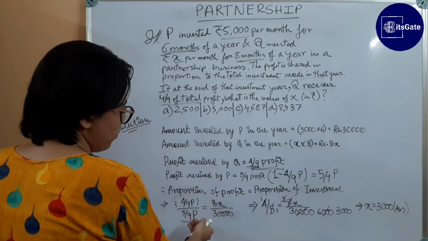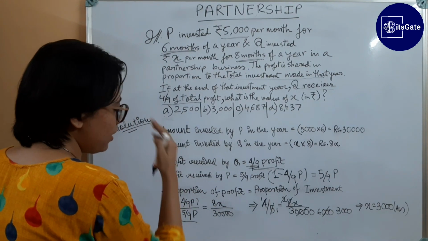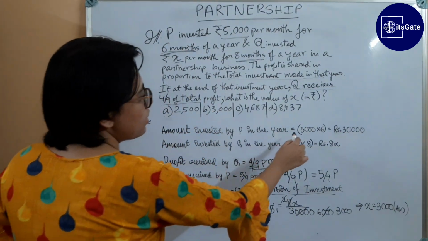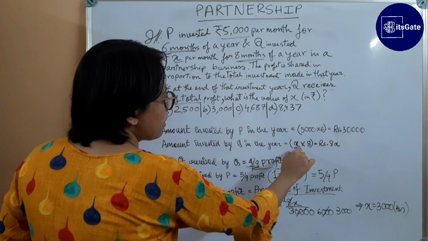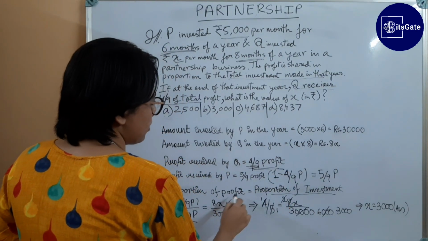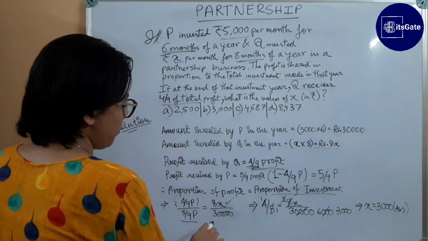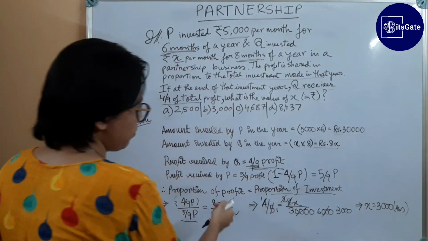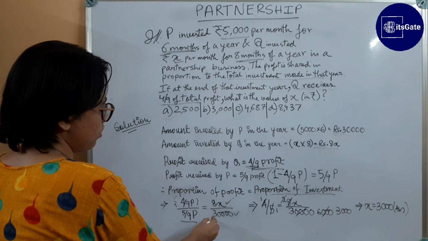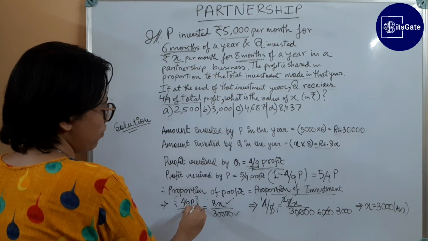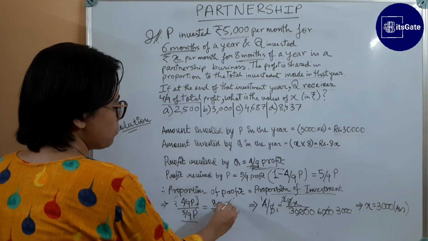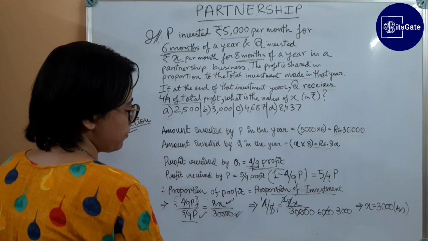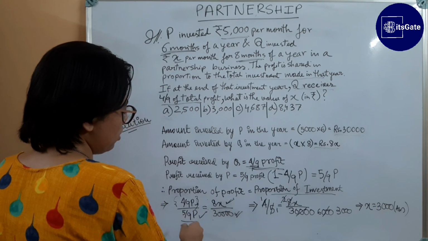So the ratio of profit is 4/9 by 5/9, which is equal to the proportion of investment. Investment done by Q in that year is rupees 8x, and the investment done by P in that year is rupees 30,000. That's why the proportion of investment is 8x by 30,000. That is the investment of Q over the investment of P. So now we will be solving this equation.